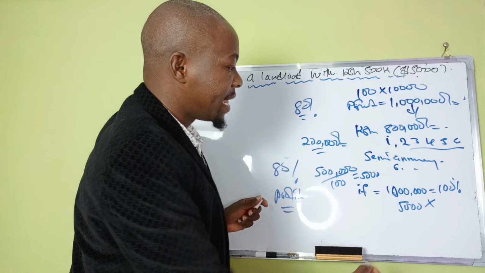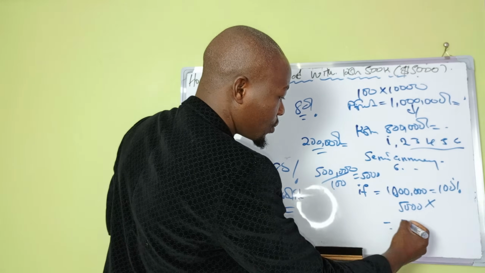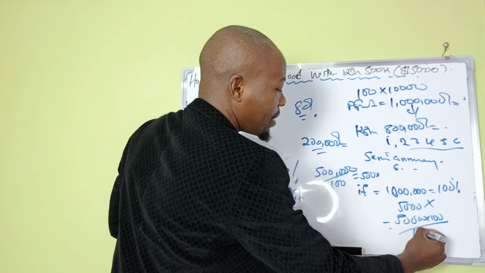You cross multiply so that you can know the percentage of the company that you own. So it is 5,000 multiplied by 100 divided by 1,000,000.